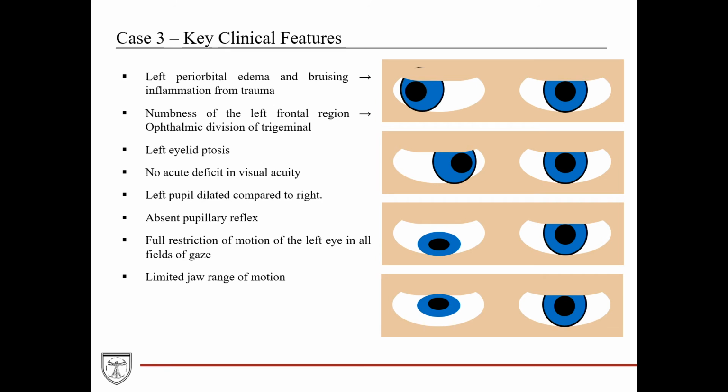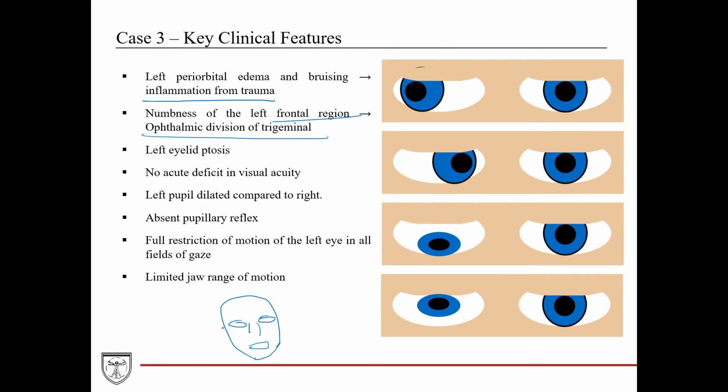If we look at the left periorbital edema and bruising, that's, again, just inflammation from the trauma. That's just from getting hit in the face. Numbness of the left frontal region, so that's the ophthalmic division of the trigeminal nerve. If we draw a face here, we have the nose like this, a mouth like this, and the eyes like this.